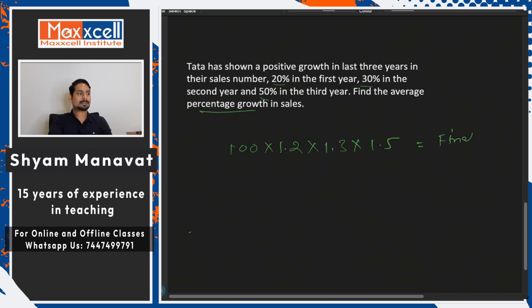That means the sale after 3 years. Now, if you need to find out the average percentage growth, because it's about 3 years, the number of periods is 3, you calculate the cube root of 1.2 times 1.3 times 1.5 by initial.